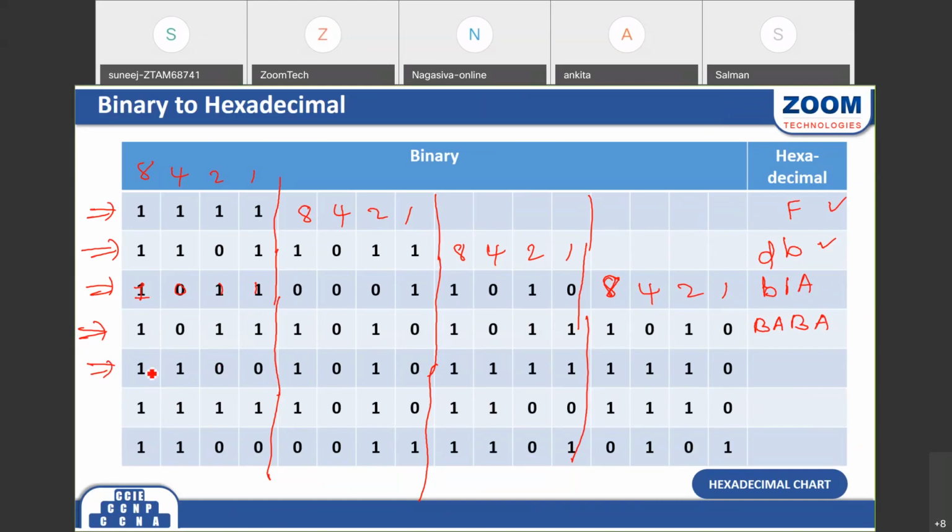Next example: 1100. 8 plus 4 is 12. 12 value is what? C. 1010 is A. All ones is F. 1110, it's an E, right?